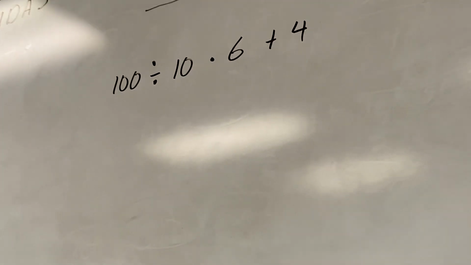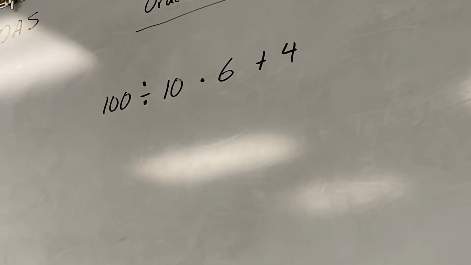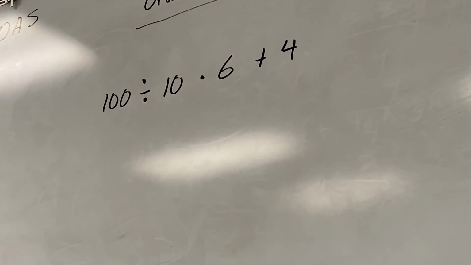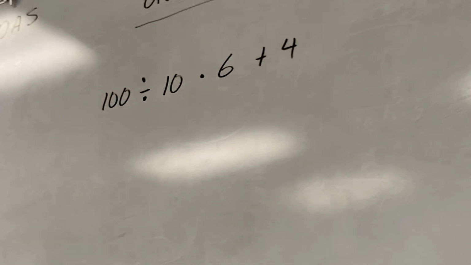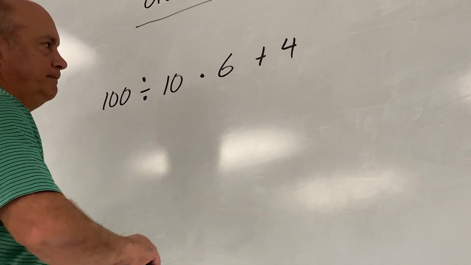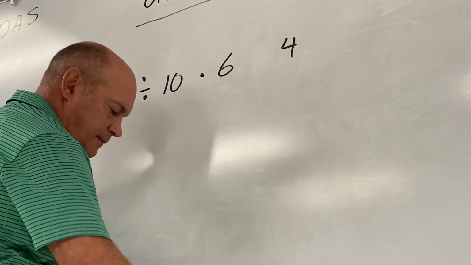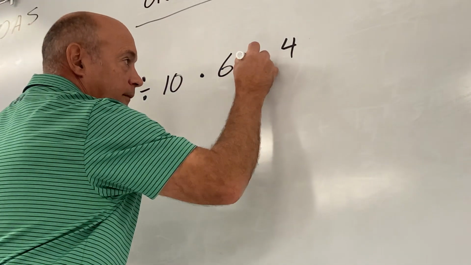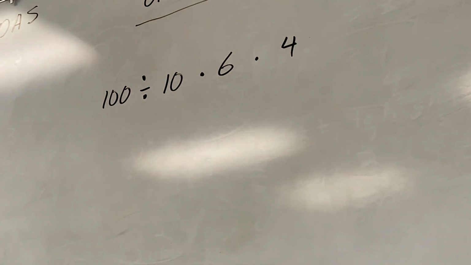Let's make it a little longer. What would you do? Oh, no. Since I put the plus in there, I messed it up. Got it. Now, how do I work this problem?